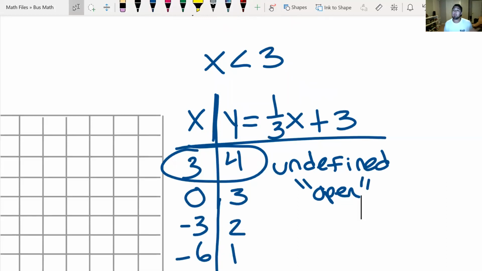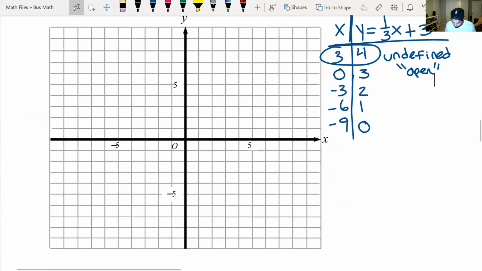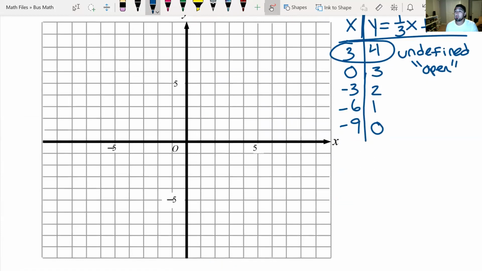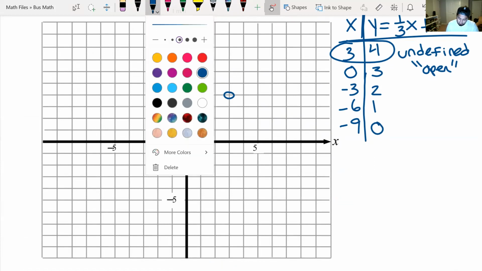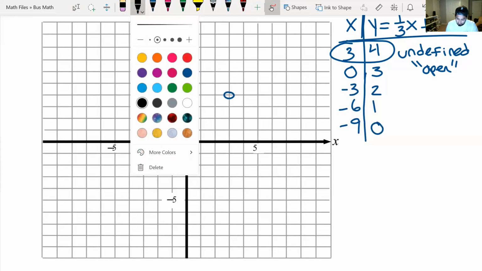Okay, let's go ahead and plot this one. So 3, 4, an open circle. And then the rest will be closed. Okay.